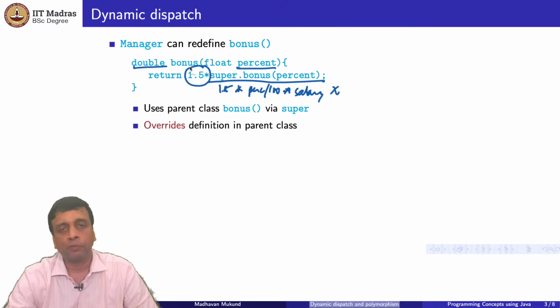So you multiply it by 1.5. This way we can get around the problem that a manager has no access to the private variable salary which is required to compute the bonus, and yet because employee has provided a way to do it, you can piggyback the new overridden function bonus in the manager class by using super to call the parent one.